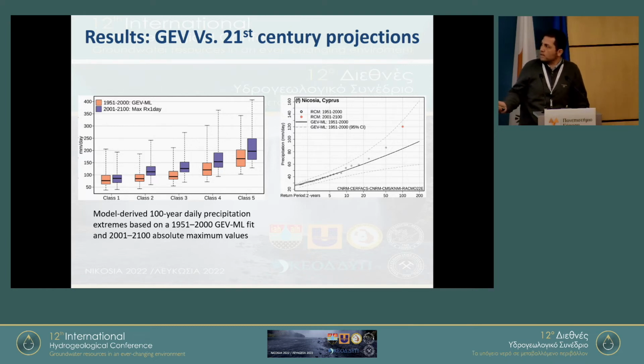I have not explained this, but you can get an estimation of the 5 classes. What we see here is that the projected maximum rainfalls derived from the 100-year projections for the future are higher than the ones derived by the generalized extreme value distribution.